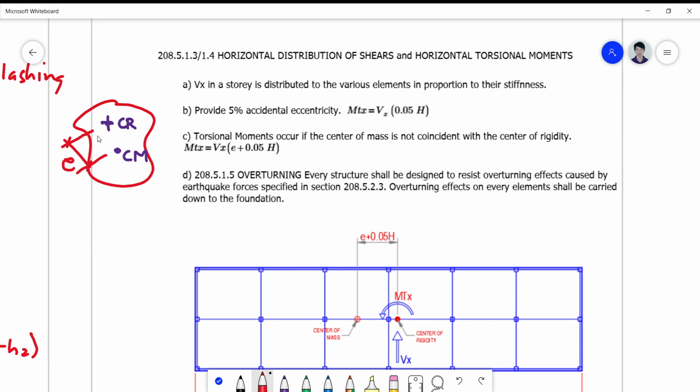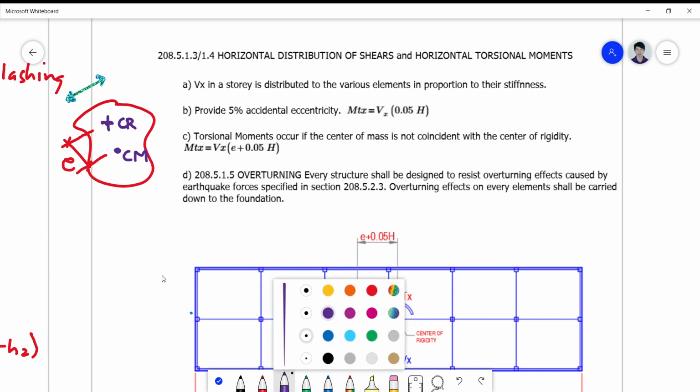When there's a shaking, for example, if this body moves back and forth like this, the center of mass will induce a force equivalent to the mass times the acceleration. So the force induced here is the base shear that we are talking about.